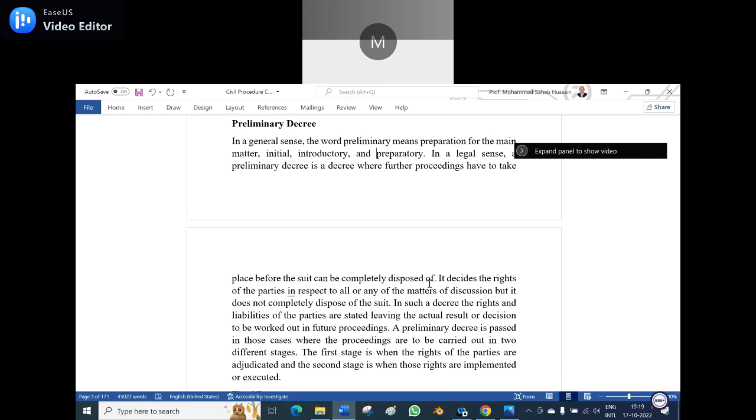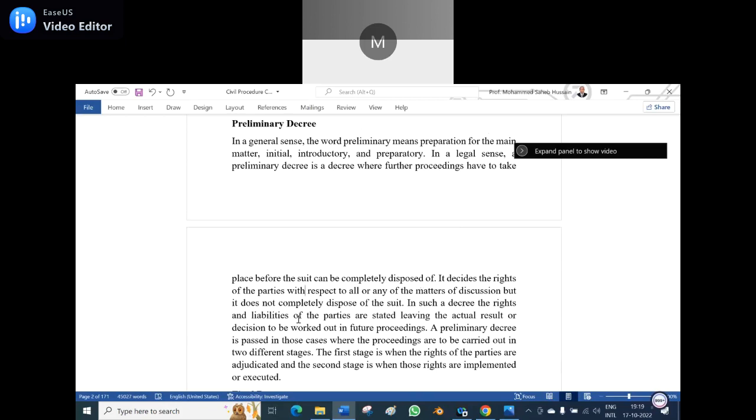When the suit is completely disposed of, before that a decree would be given, and it is said to be the preliminary decree. What does it decide? It decides the right of the parties with respect to all or any of the matters of discussion, but it does not completely dispose of the suit.